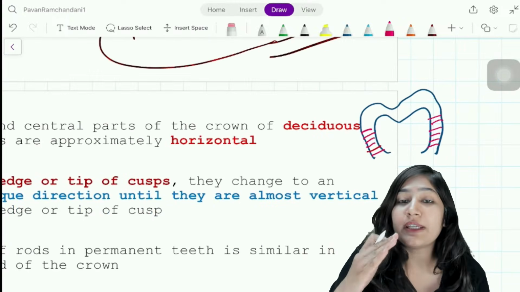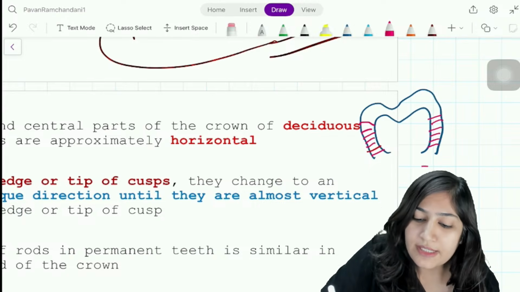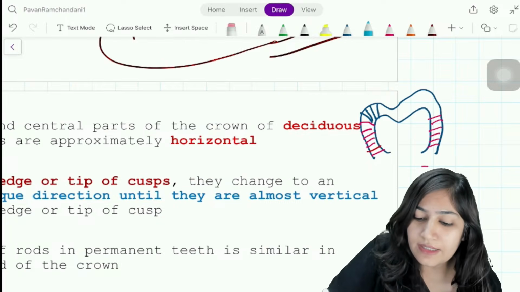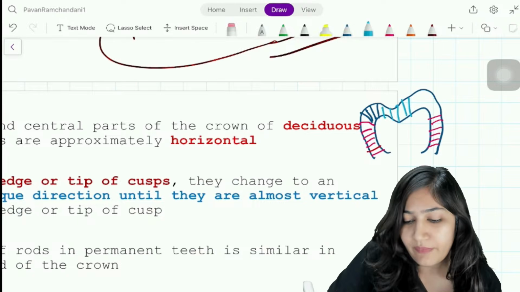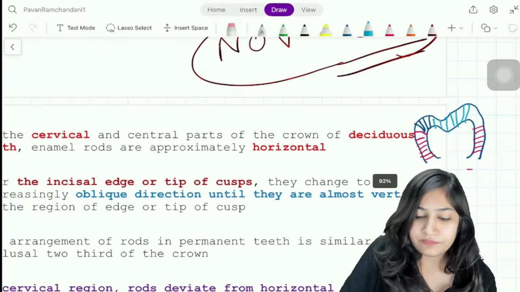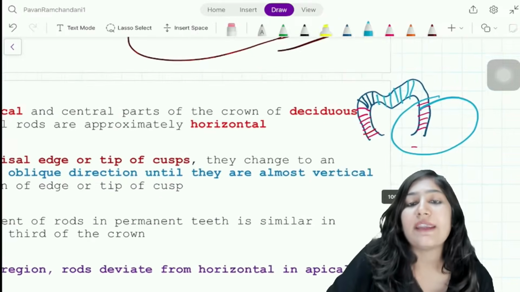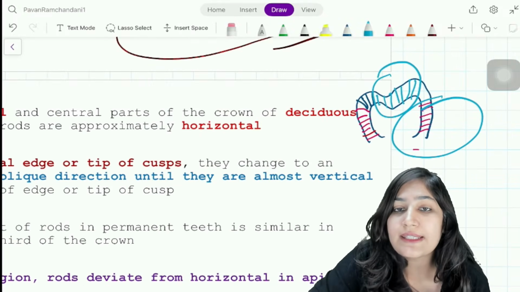Then coming to the tip, it goes obliquely and then vertical. So this type of arrangement, oblique and then straight, is seen in deciduous teeth: horizontal for central and cervical portion, and vertical and oblique for the incisal portion.